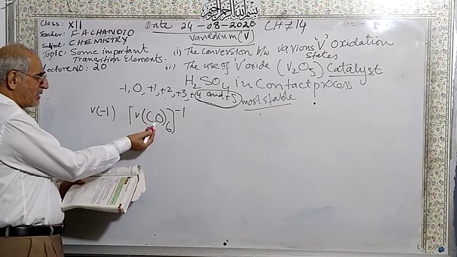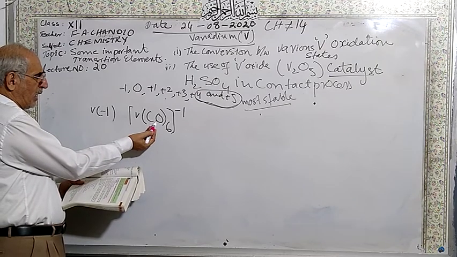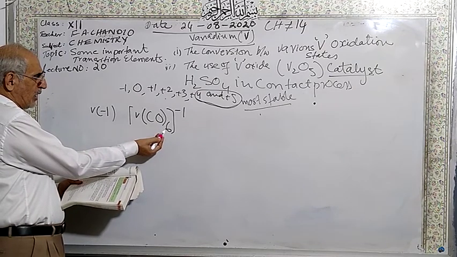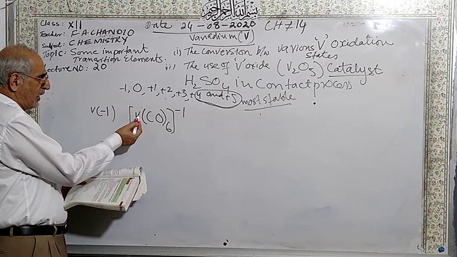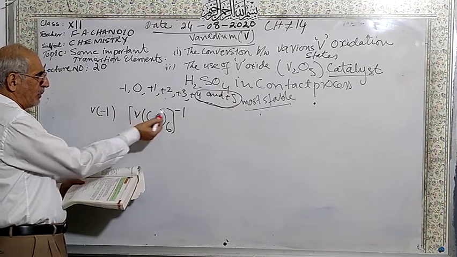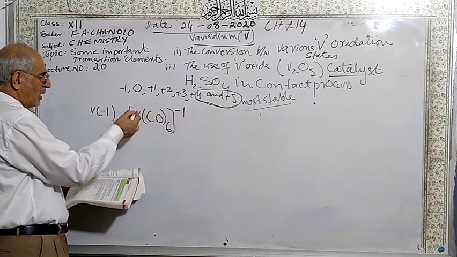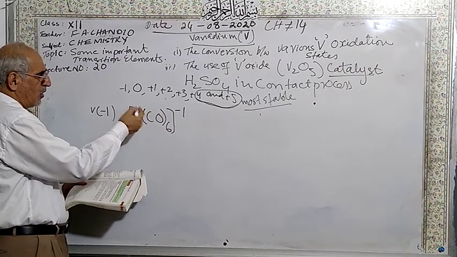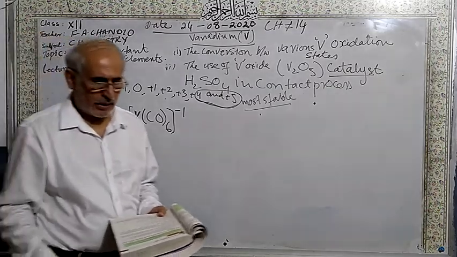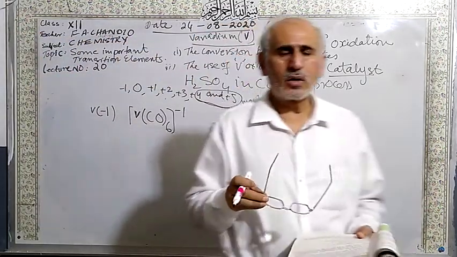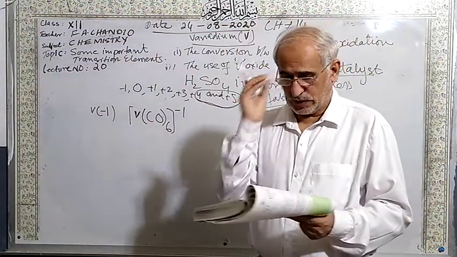In this complex, the carbonyl group is neutral, and this is the vanadium, and the complex has charge -1. So this -1 shows the oxidation number of vanadium, because the carbonyl group is neutral.